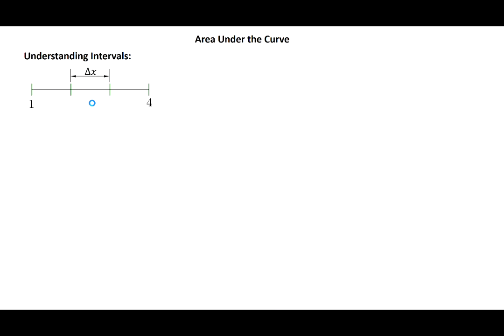Okay. And when we split this into 3 intervals, delta x turns out to be 1 because that is the width of the whole interval, 4 minus 1, divided by n. Cool? And also, when we do that, would you agree that we end up with 4 points?